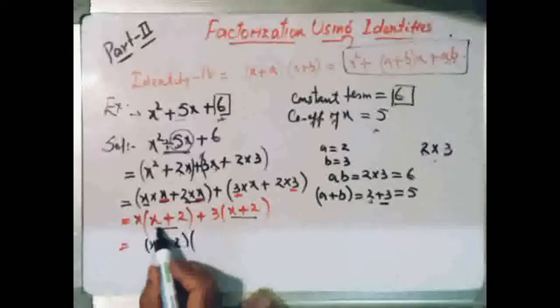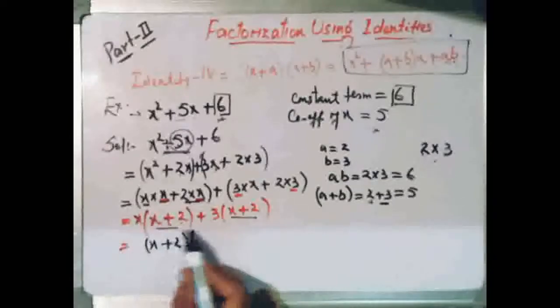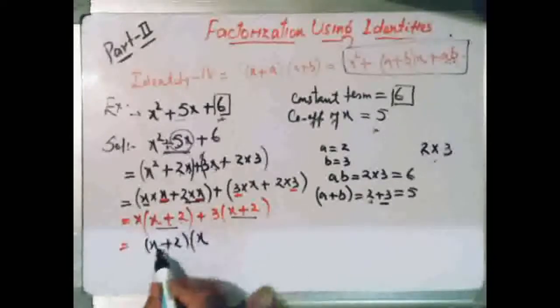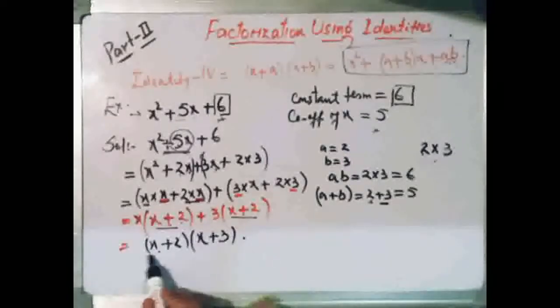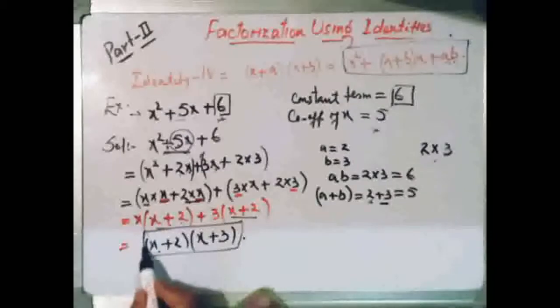When we take x plus 2 out, here remains x, and 3 remains. Now these two, x plus 2 and x plus 3, are the factors of x square plus 5x plus 6.